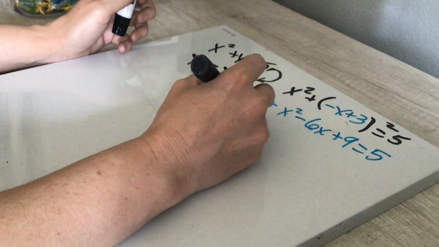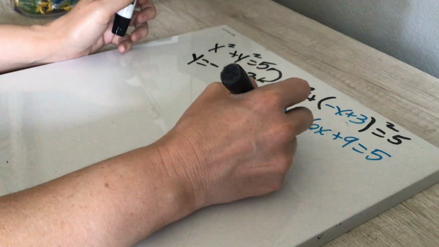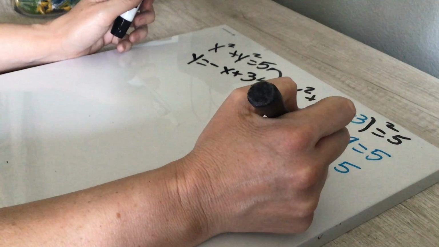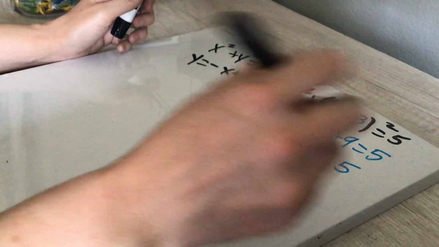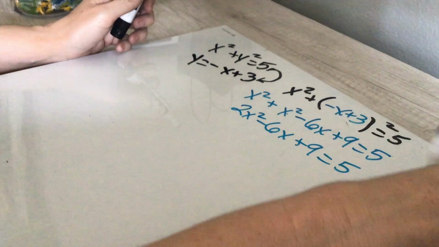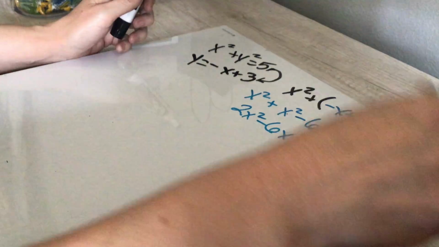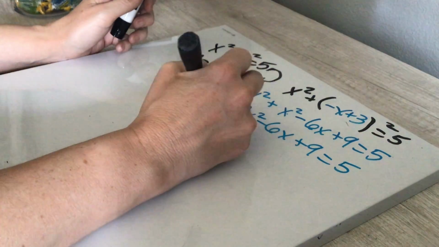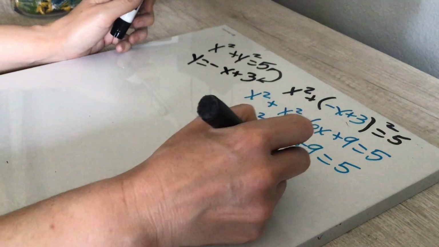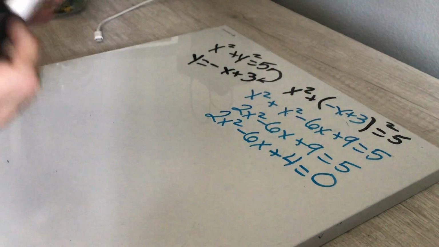So x squared plus x squared is 2x squared minus 6x plus 9 equals 5. Okay, this is just a quadratic, so I'm going to put it in quadratic form. So I subtract 5 from both sides, and I get 2x squared minus 6x plus 4 equals 0.